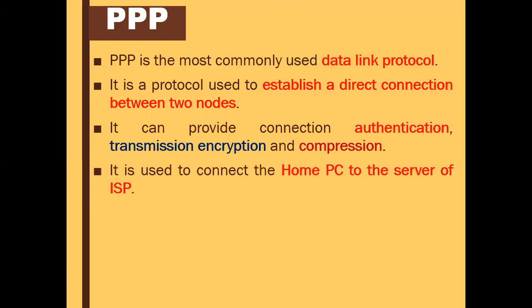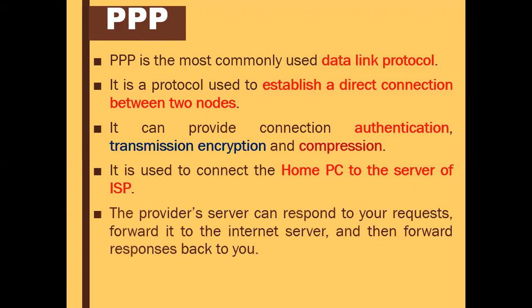It is used to connect the home PC to the server of the ISP, that is the internet service provider, and the provider server can respond to your request, forward it to the internet server, and then forward the response back to you.